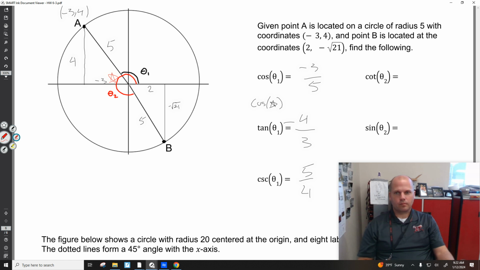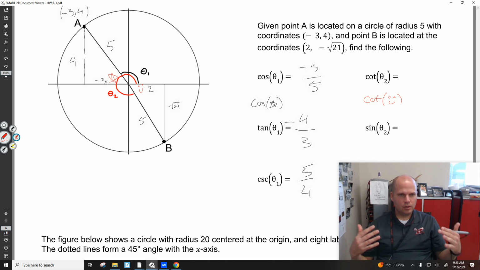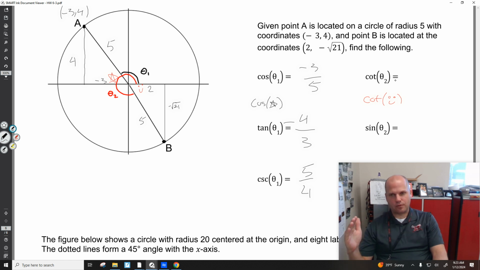The cotangent of theta 2 is equivalent to the cotangent of happy face, the reference angle. So if you find the cotangent of happy face, you find the cotangent of that obtuse, that greater than 180 angle, theta 2. Tangent is opposite over adjacent.